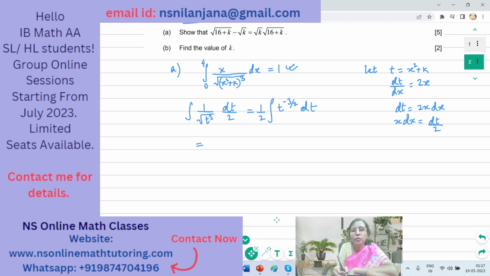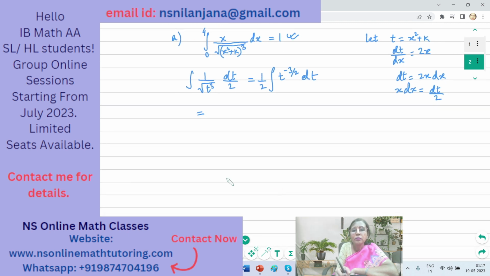So this is equal to half, and t to the power of negative 3 over 2 when integrated gives what? It will be negative 3 over 2 plus 1 over negative 3 over 2 plus 1.